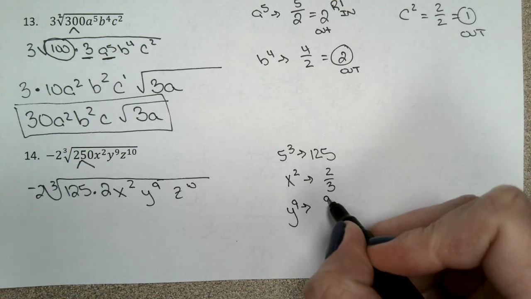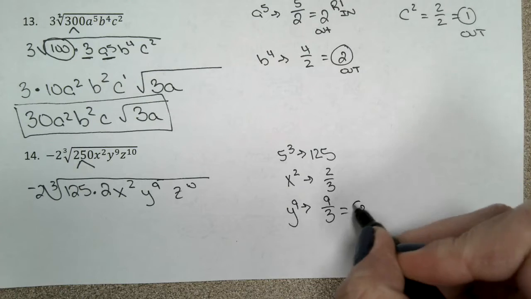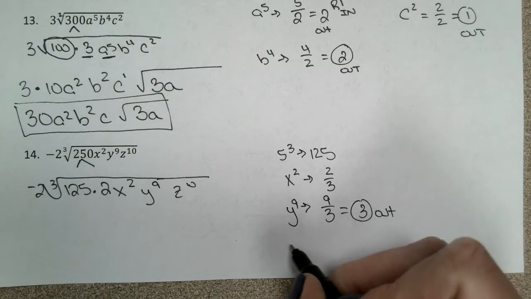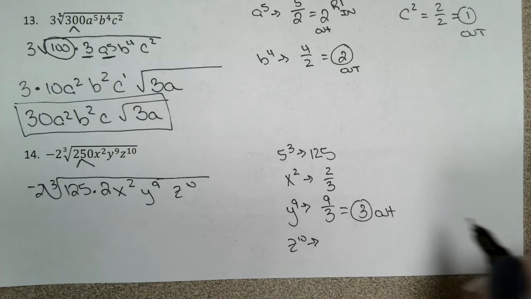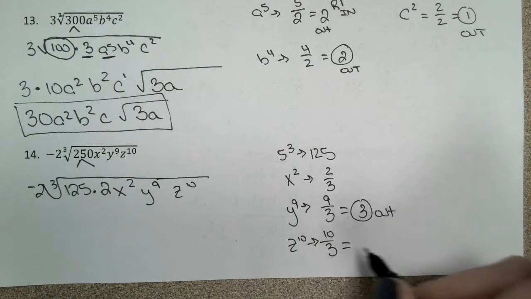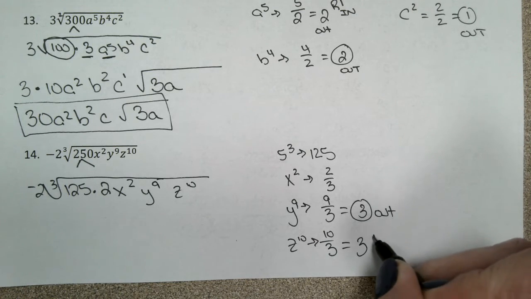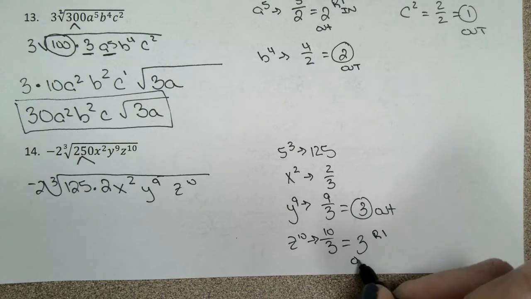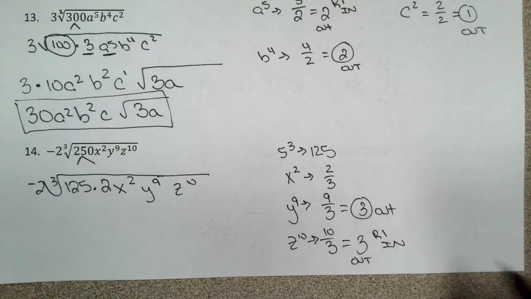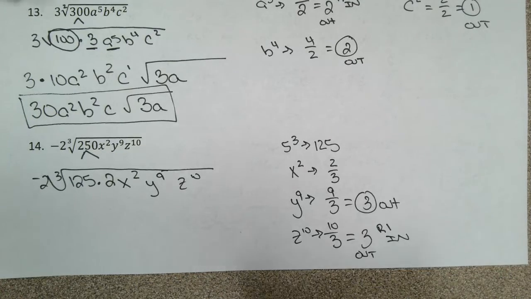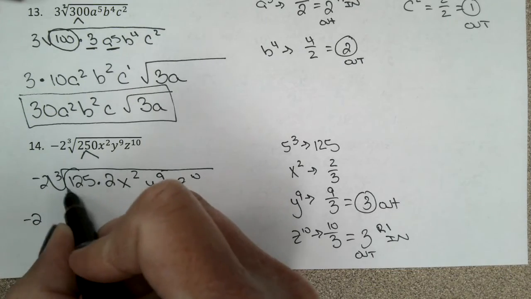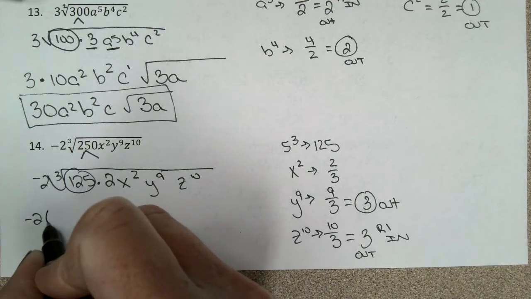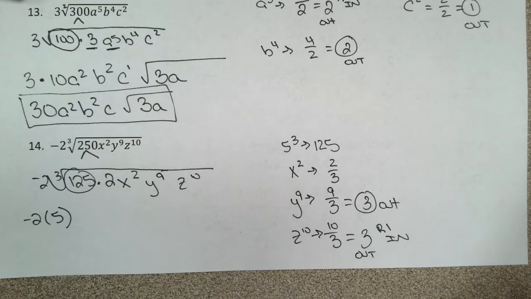Y to the 9th. So I have 9 divided by 3 equals 3. So all the y's are going to come out. And z to the 10th. So 10 divided by 3 is 3 with 1 left over. So 3 of them get to come out, and that 1 is staying in. So the cube root of the 125 portion is 5.